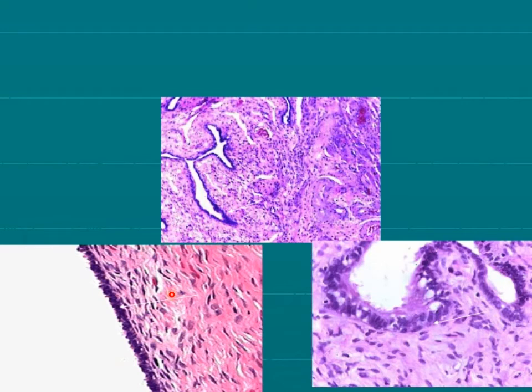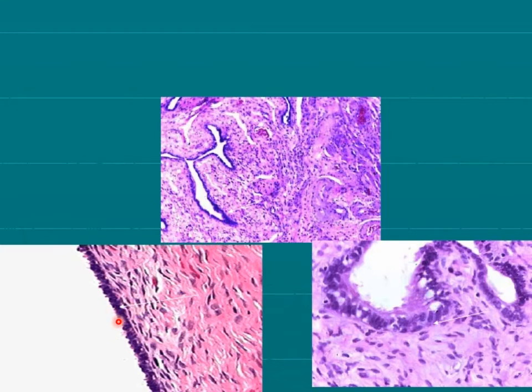This is the histological picture of that serous cystadenoma. You can see single-lined cells. These are serous cells. What are serous cells? These are cuboidal epithelial cells and they are ciliated, that is, they are provided with cilia.